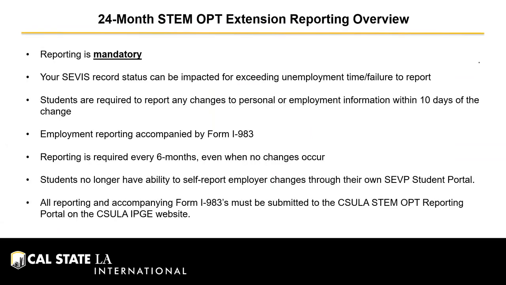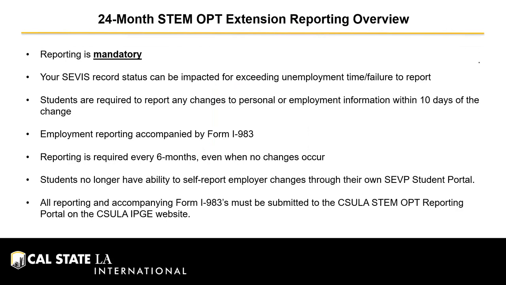Okay, everyone. So here we did provide an overview of the 24-month STEM OPT extension reporting requirements. So first of all, we want to emphasize that reporting information for your STEM OPT period is mandatory. We want to share with you that your CVIS record status can be impacted for exceeding unemployment time or failure to report vital information regarding your STEM OPT period.